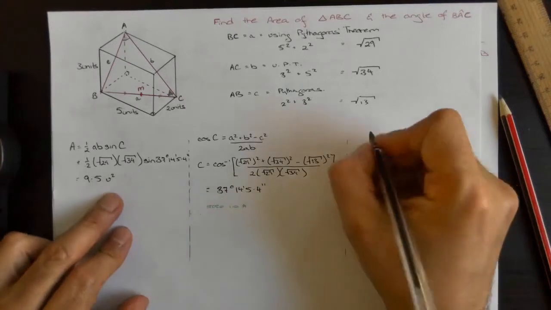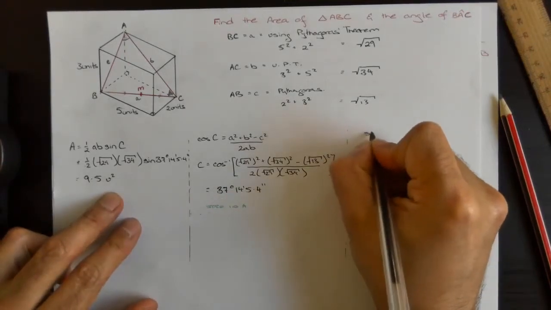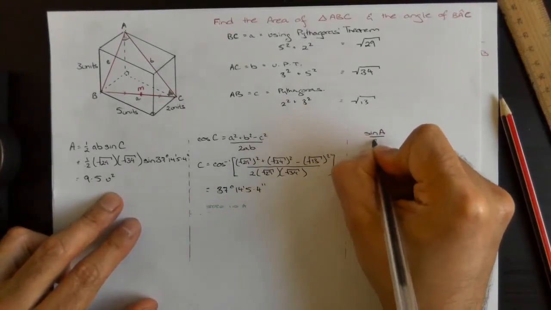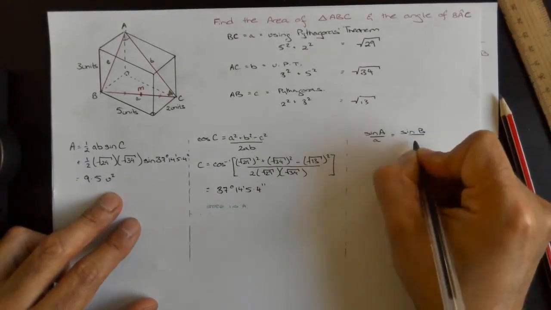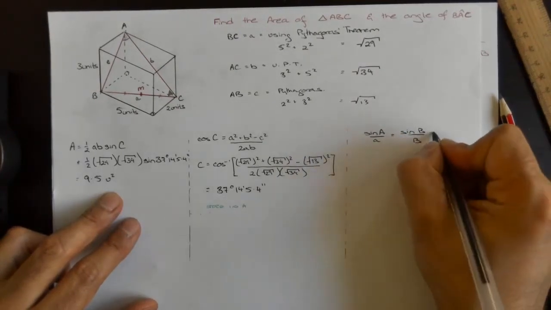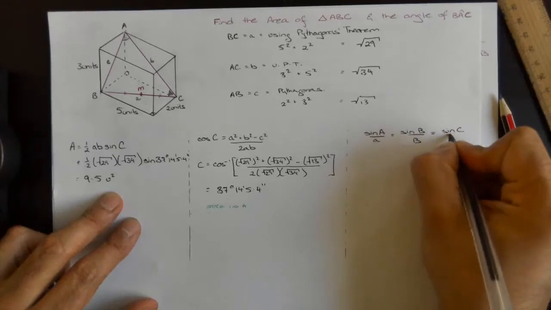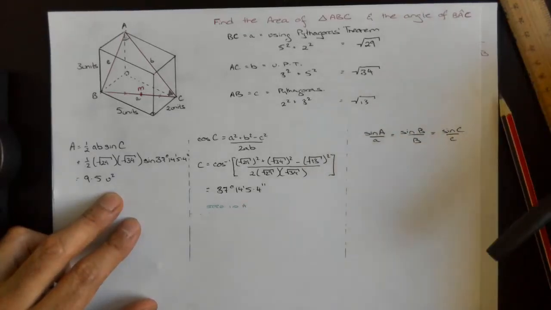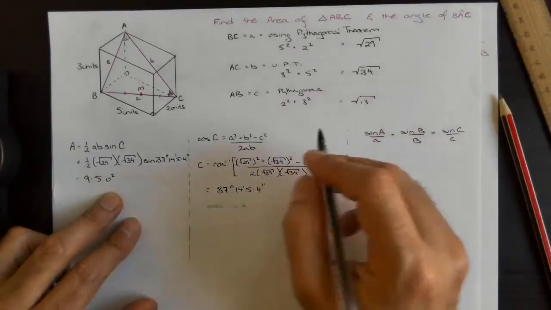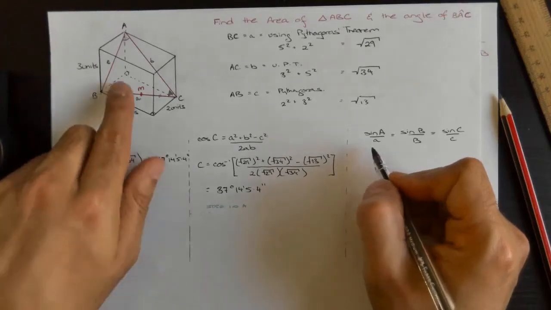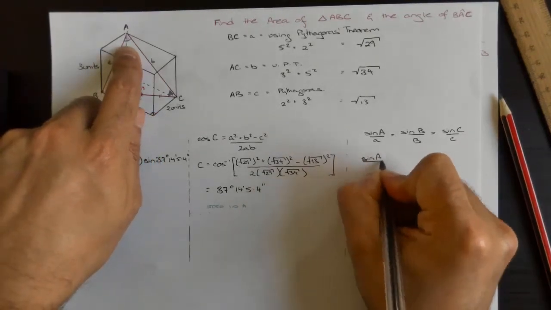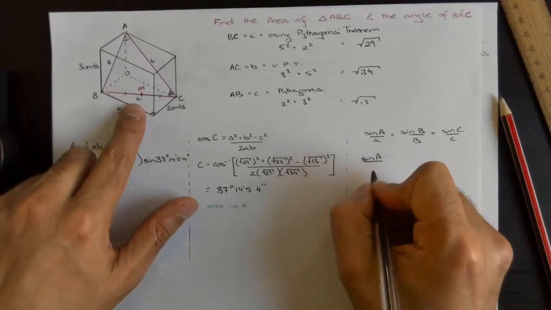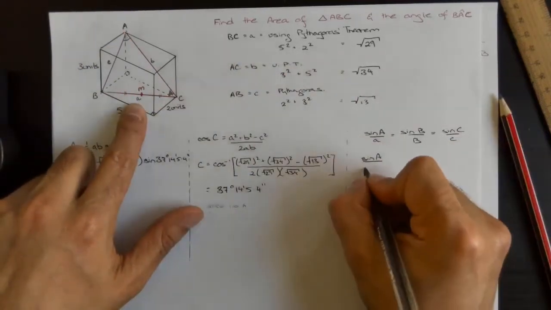Okay, so the sine rule says sine A over a is the same as sine B over b, which is the same as sine C over c. If we want to find sine A, that's opposite square root 29.